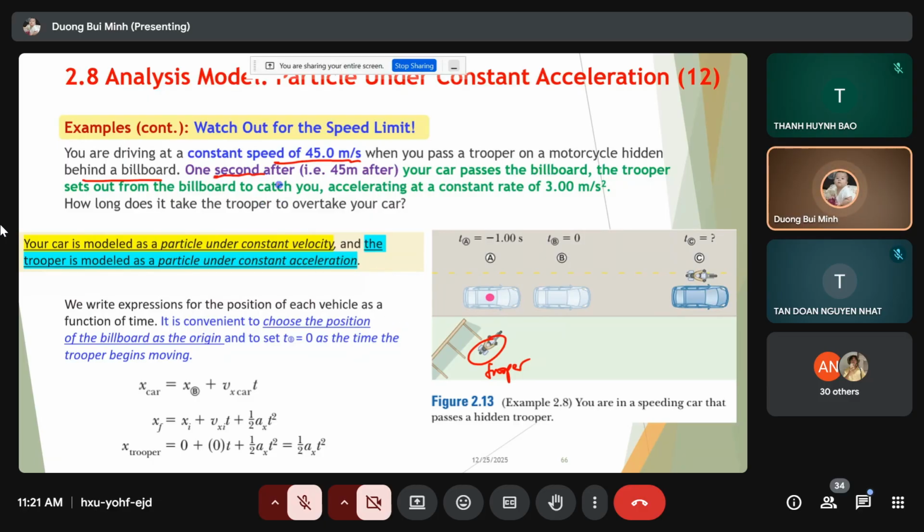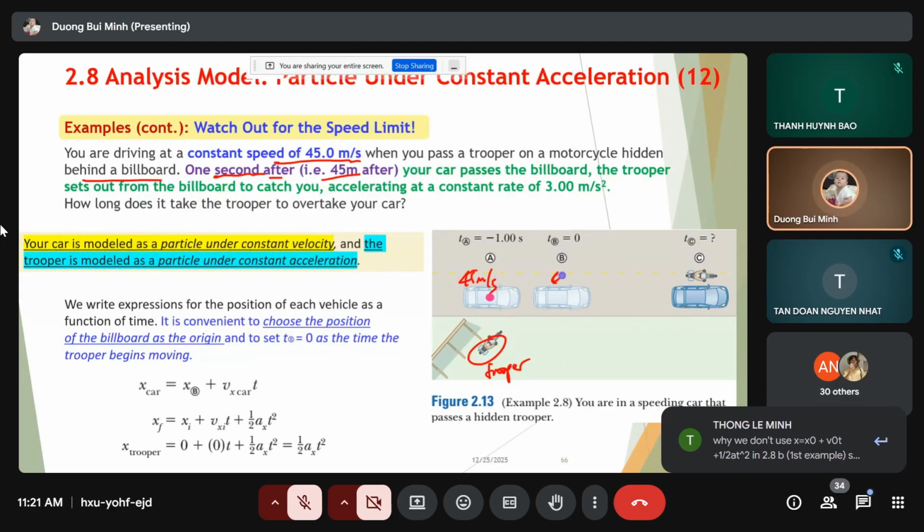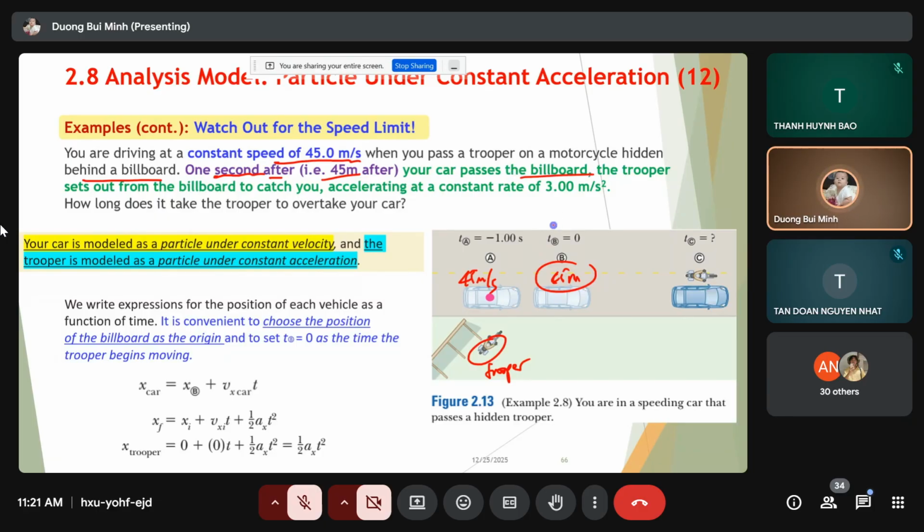So 1 second after, that means you already move 45 meters, right? Because when you pass the dropper, you are running at the speed of 45 meters per second. So 1 second later, you get 45 meters, right? Your car passes the billboard.